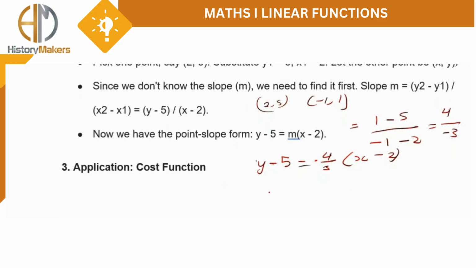And then we now have y is equal to 4 over 3 x minus 8 over 3 plus 5, which becomes 4 over 3 x plus, you add those together.